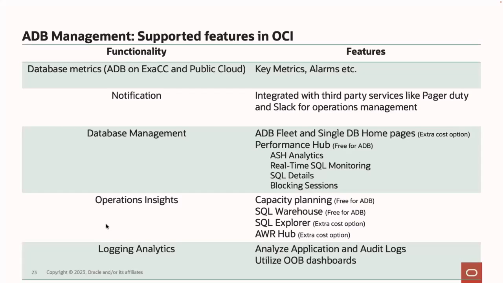And lastly, we also touched upon AWR Hub, which is a warehouse offered within Operations Insights, and looking at database performance analytics. And then lastly, we touched upon logging analytics in terms of ingesting audit logs, error logs, and other types of database logs into the logging analytics service, and then utilizing some of the out-of-the-box dashboards to further triage those problems.